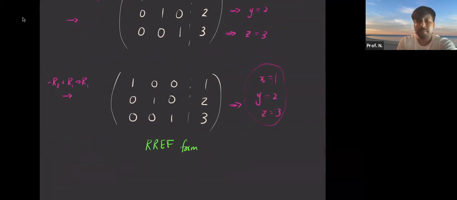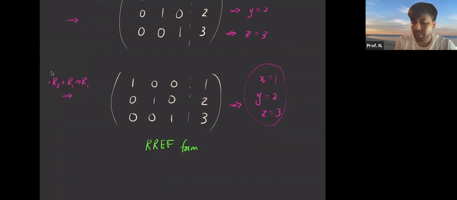Okay, so the purpose of these examples is to get used to elementary row operations. And then once we get used to the elementary row operations, we start seeing that there are different kinds of forms of matrices that we get to.